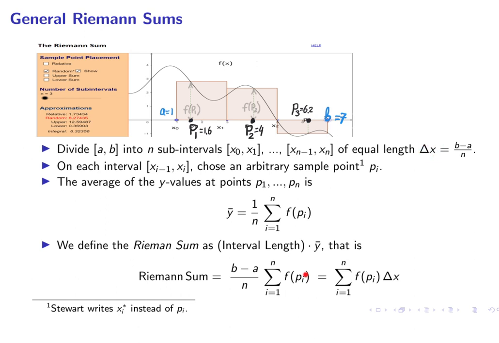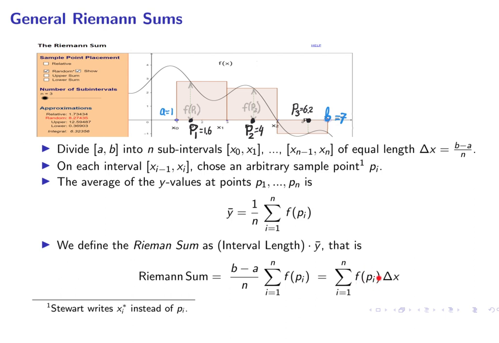So we can write our Riemann sum as the summation of the sample y values multiplied by the length of each individual interval. This sum has a simple geometric interpretation. The product of the sample y value and the length of the interval can be interpreted geometrically.